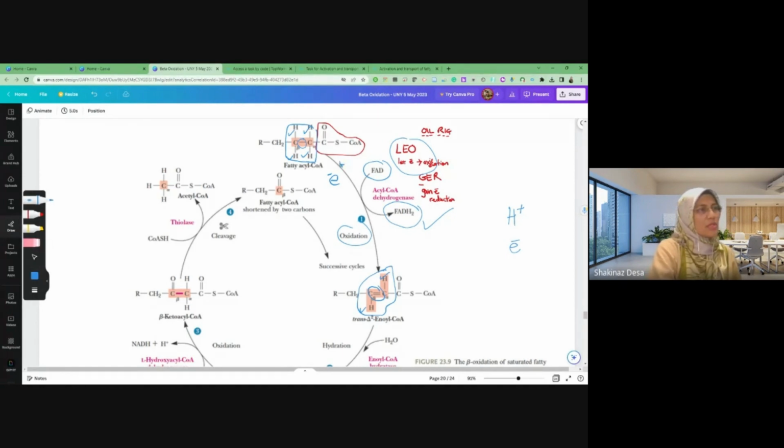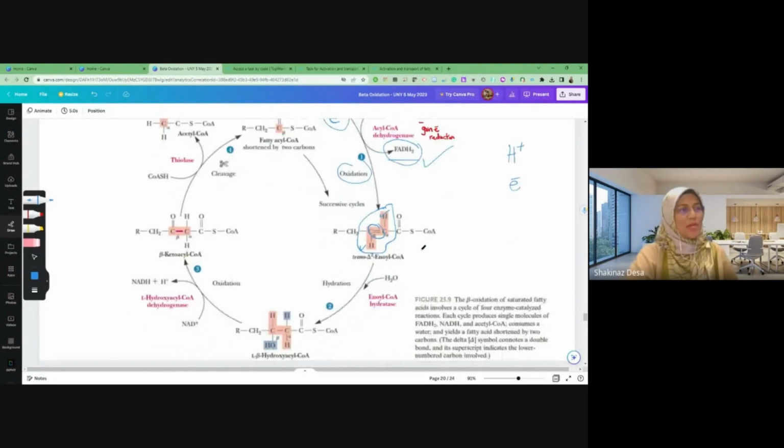FAD. FAD will accept it, so it becomes FADH2. So that is the first energy molecule. That is the first stage.